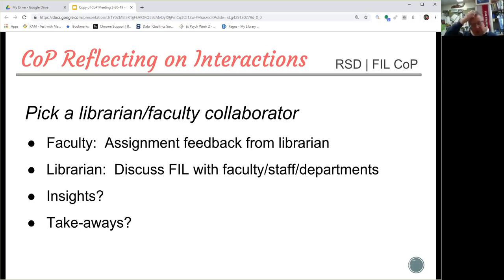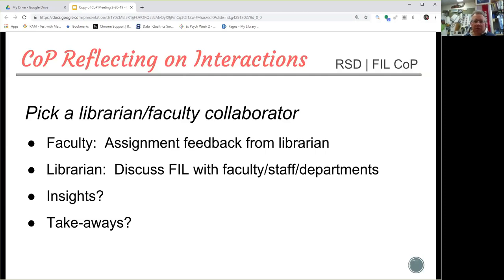I work with a librarian, Hans Kieschel here, and Hans comes to my classes quite regularly to introduce the library and the resources. Over the past 10 years, we refined our methodology. The students have a topical research project that they have to do.